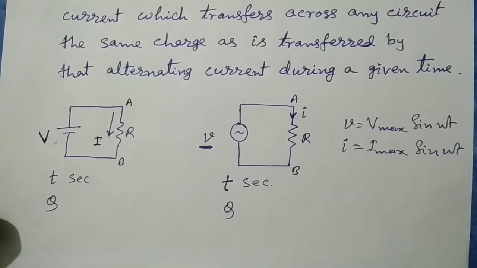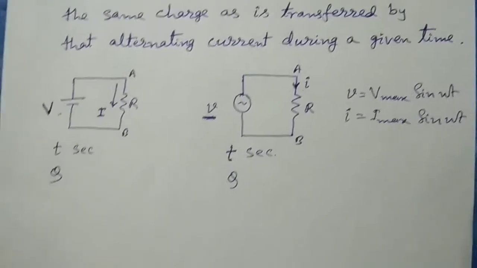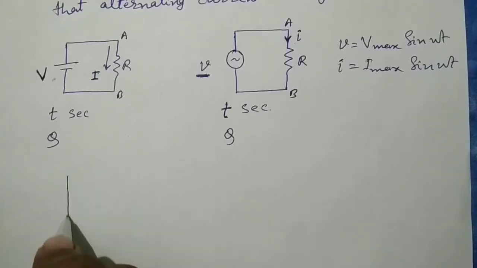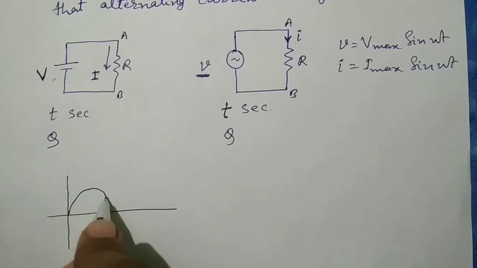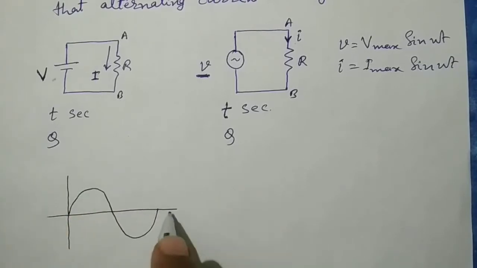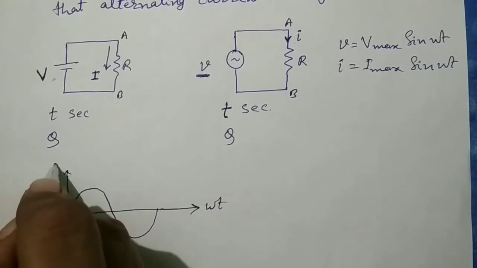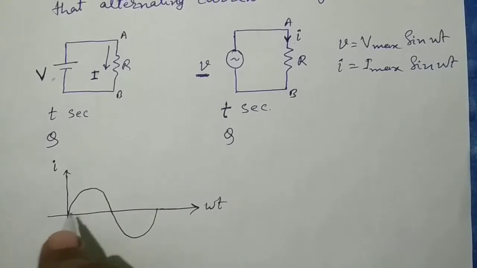Now, how to calculate this average value for an AC parameter? If we consider the purely sinusoidal waveform, let's say i is the current, plotted with respect to omega t.